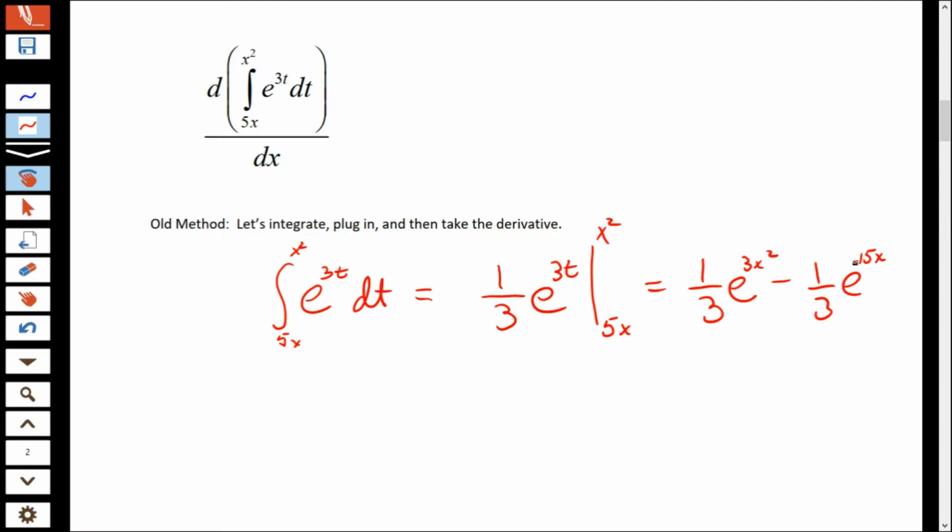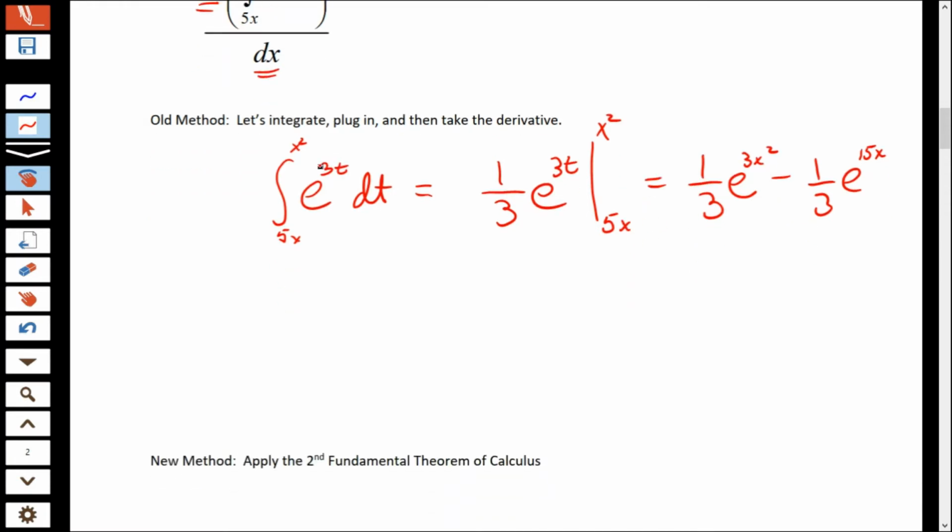Well, now we need to take the derivative, d/dx, of this answer. So the derivative of 1/3 e to the 3x squared minus 1/3 e to the 15x.